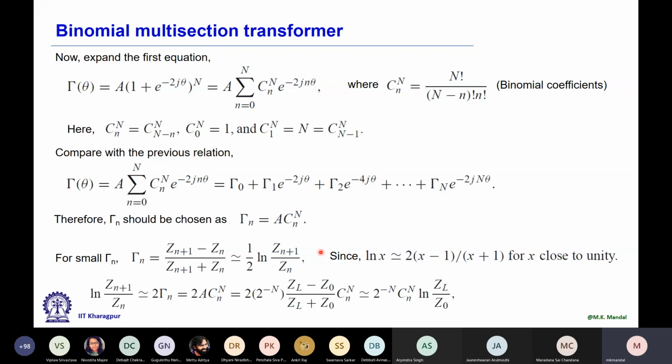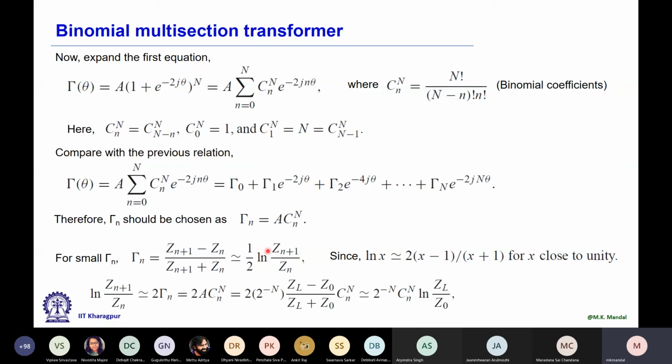So x minus 1 by x plus 1 is equal to half of ln x. Here we are using half of ln Zn plus 1 by Zn.